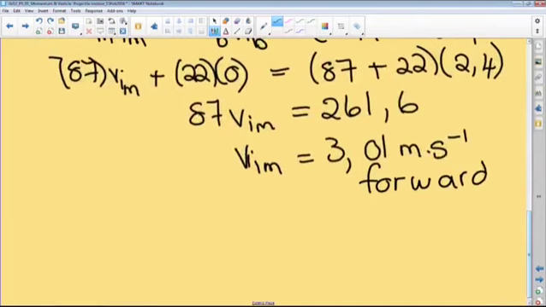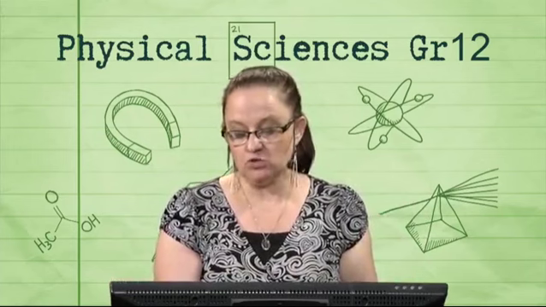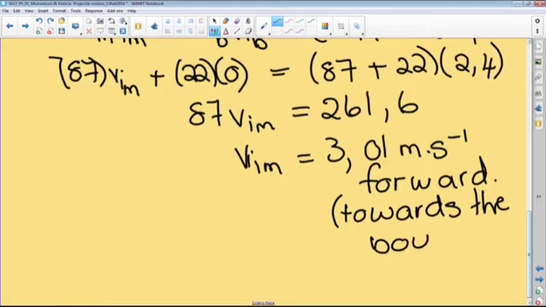Okay, he definitely wasn't skating backwards. I would probably say towards the boy is better, because then there can be no confusion as to which way he was going. So we've got an equation, we have a substitution, and then we look at the answer with units, don't forget the units, and a direction. Okay? Hopefully we were all okay with that.